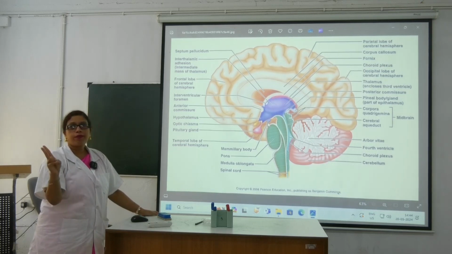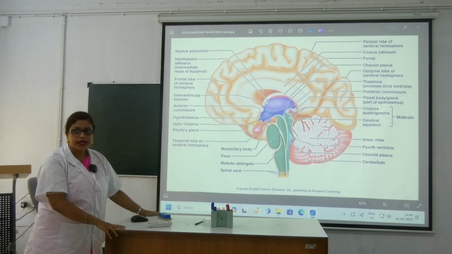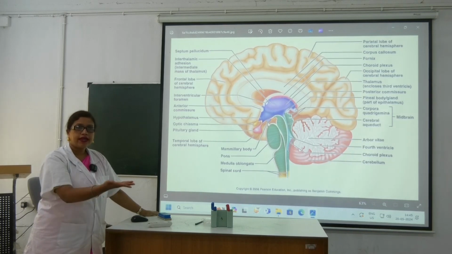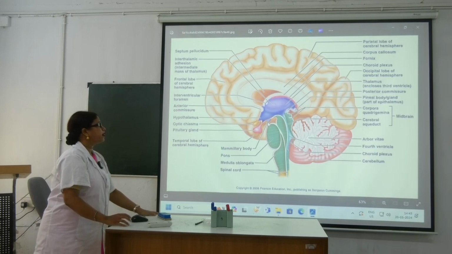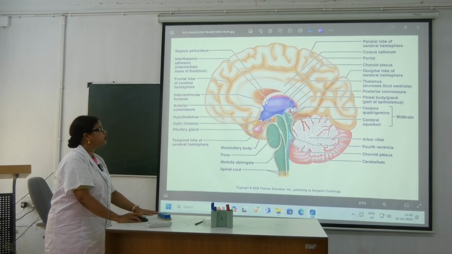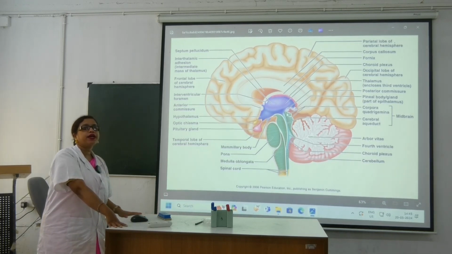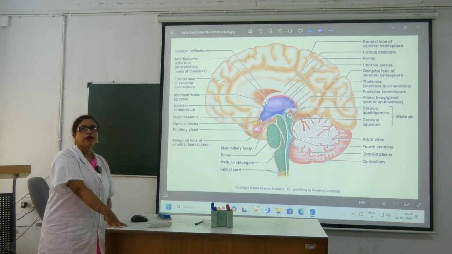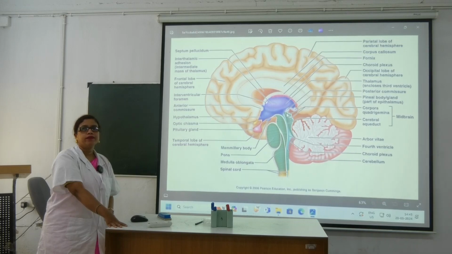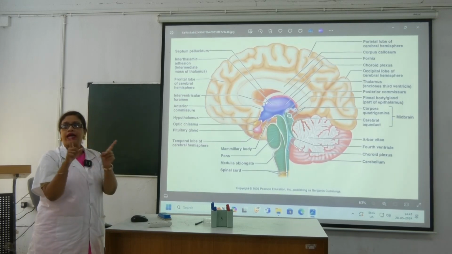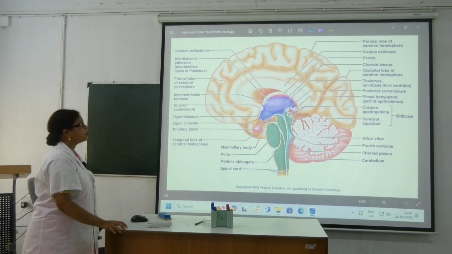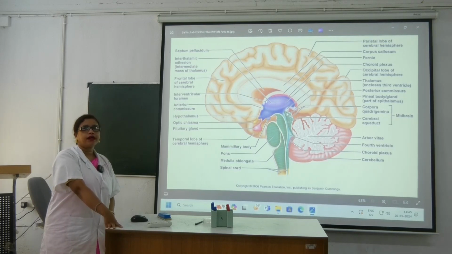Number one is the tuber cinereum. Just posterior to that, there are bilateral mammillary bodies. And another one is the optic chiasma, and also the pituitary.